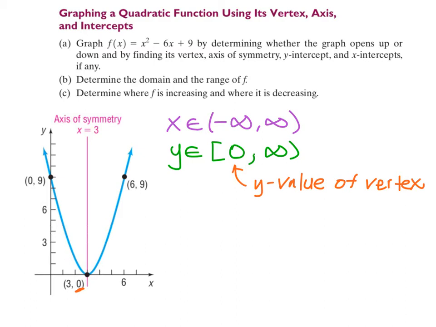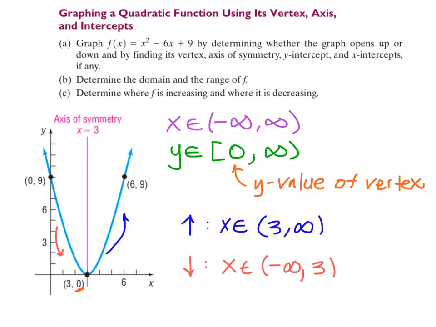And then the range of this quadratic in particular is going to be 0 inclusive to infinity. Your range on any quadratic, whether it opens up or down, is going to include the y value of the vertex. So it'll be on the left-hand side if it opens up, and it will be on the right-hand side if it opens down.